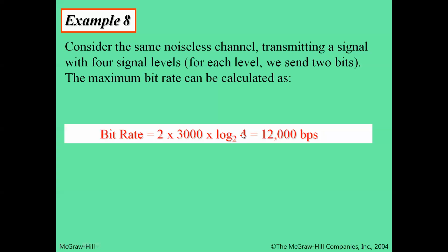So 4 is basically 2 to the power 2. Log 2 base 2 becomes 1, and the 2 in the power will be multiplied with this value. That means it will be 2 into 3000 into 2. So basically it is 3000 into 4, that means 12000 bps, or you can say 12 kbps.